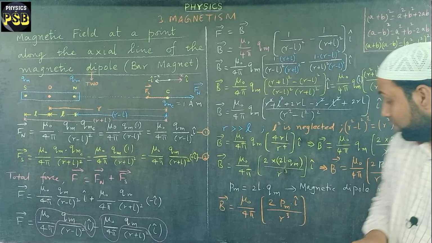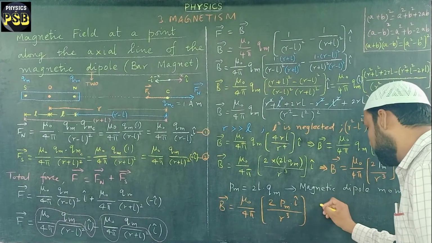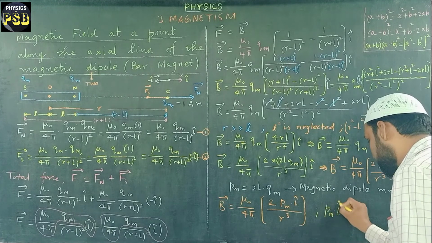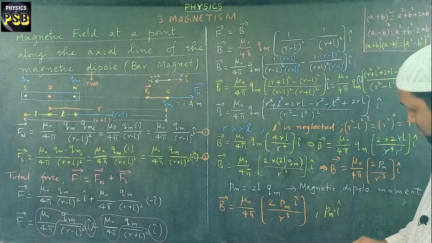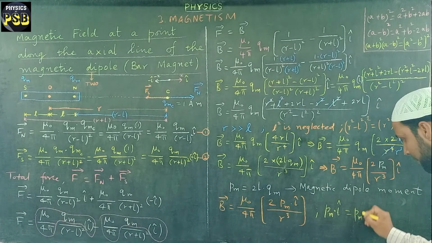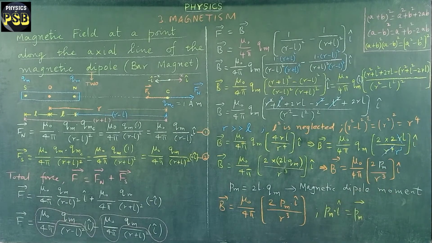Now we know that PM multiplied with i cap can be written as PM vector.